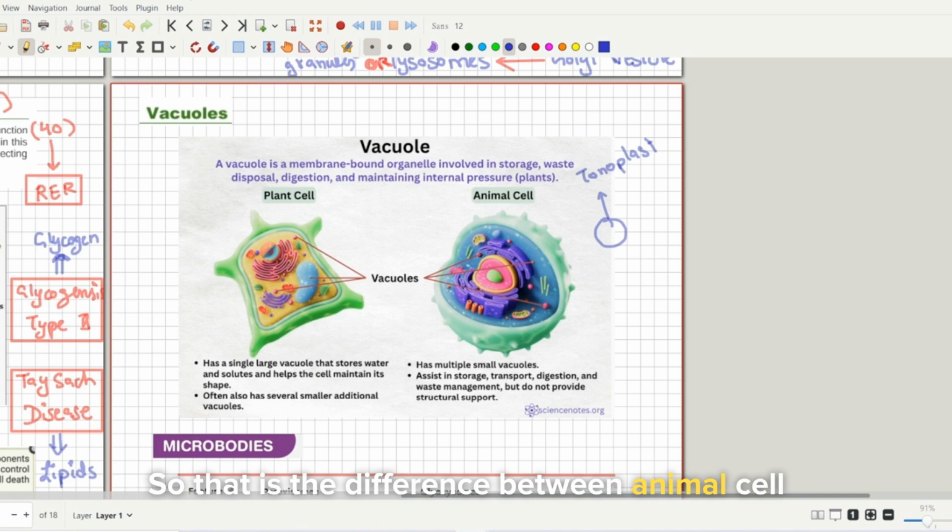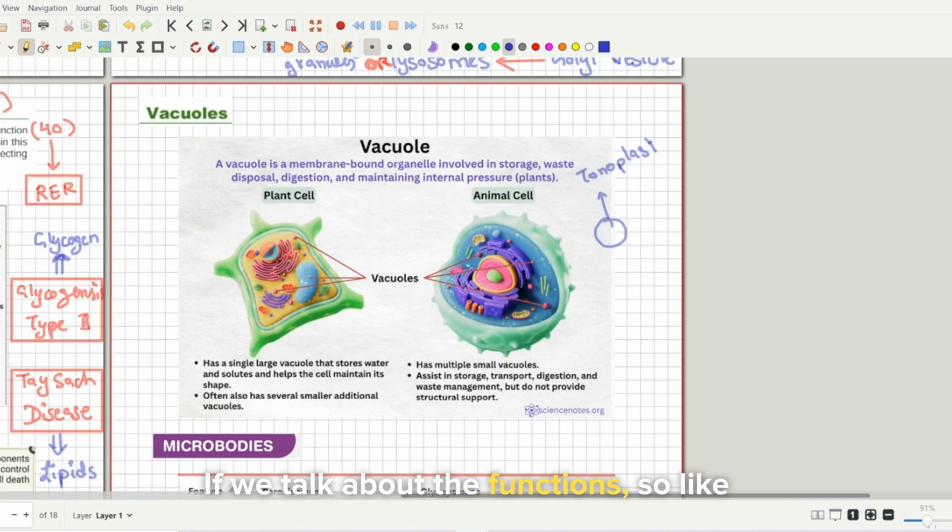That is the difference between animal cell and plant cell. Because the plant cell has a large vacuole, the nucleus is pushed aside toward the corner, while the animal cell has the nucleus in the center. We just discussed that in our nucleus topic, so we revise the concept that the nucleus is not in the center of the plant cell, while animal cells have the nucleus in the center of the cell.